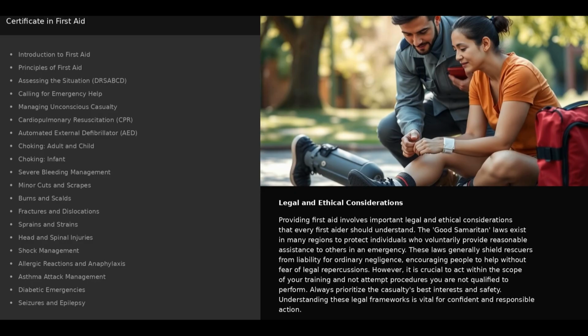These laws generally shield rescuers from liability for ordinary negligence, encouraging people to help without fear of legal repercussions. However, it is crucial to act within the scope of your training and not attempt procedures you are not qualified to perform. Always prioritize the casualty's best interests and safety. Understanding these legal frameworks is vital for confident and responsible action.